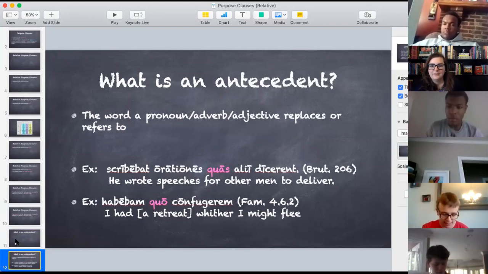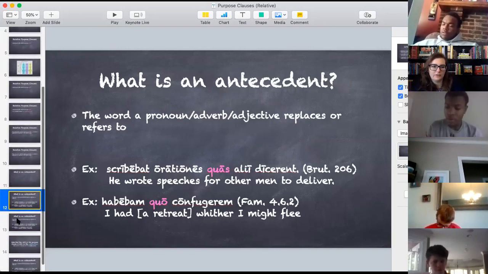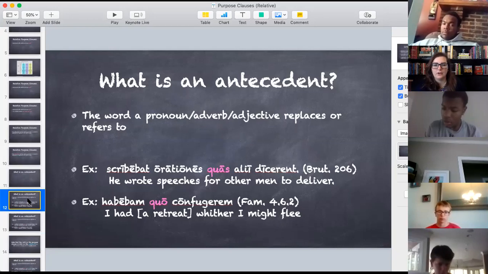And then here we just have 2 examples of sentences with relative pronouns, and we're going to identify the antecedent. So, scribebat orationes quas alii dicerent.